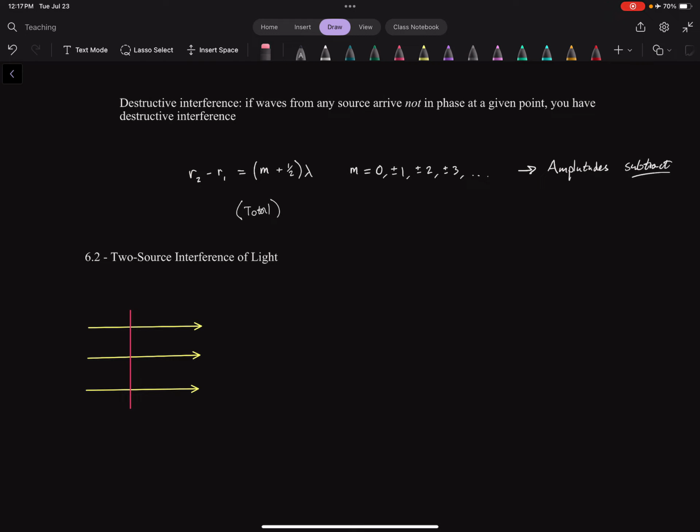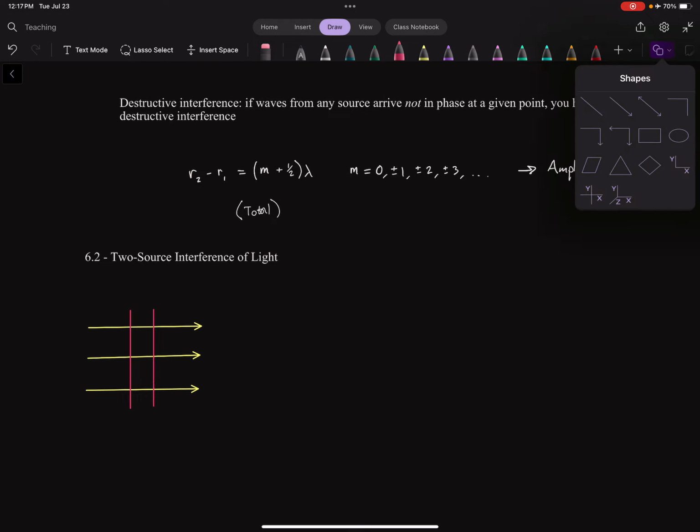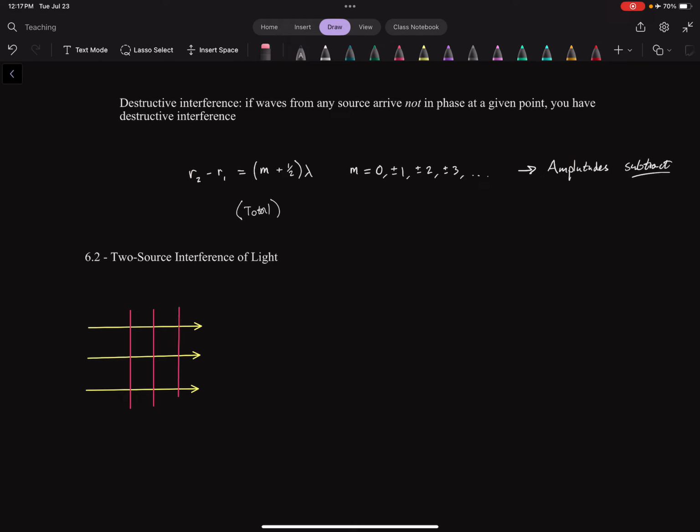Wavefronts can be represented like this, presuming they're equal. All right, so this light is incident on a very, very small slit. Very small slit right there, which makes the light spread out like this.